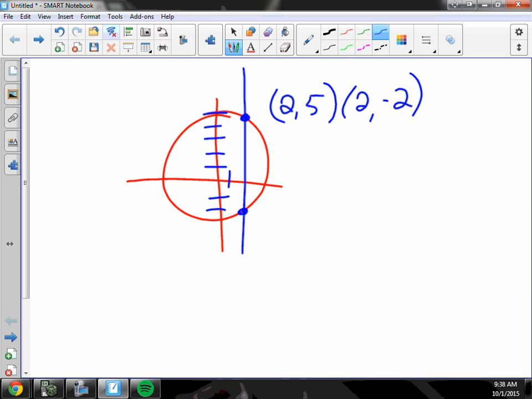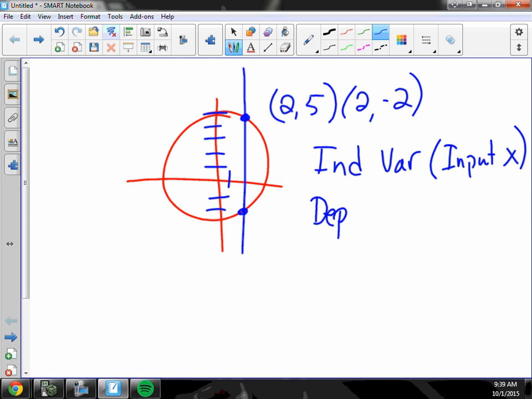So number 1 says, determine whether each relation is a function. Assume that the coordinate pair (x, y) represents the independent variable x and the dependent variable y. So I don't know how much they're going to get into this, but independent variable means the input, which is the x value, and dependent variable is the output and the y value.